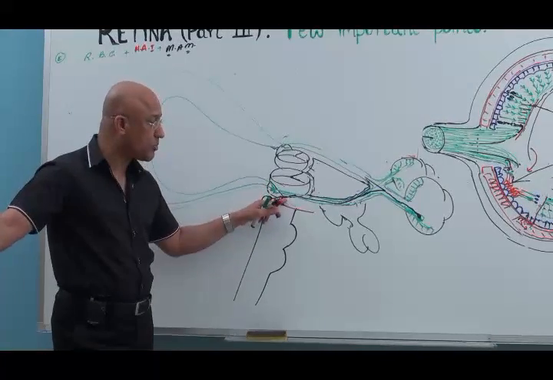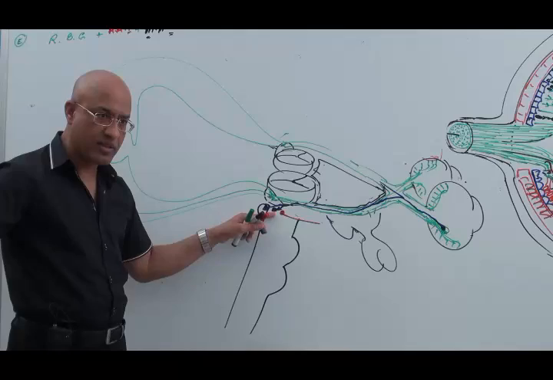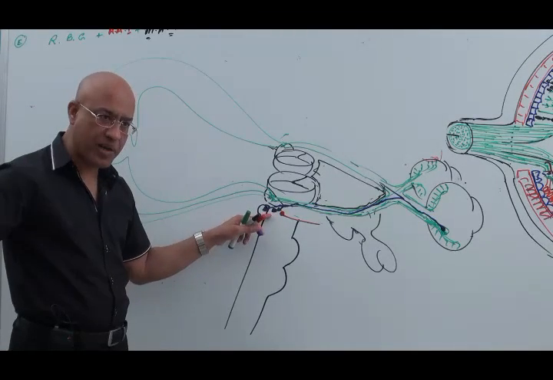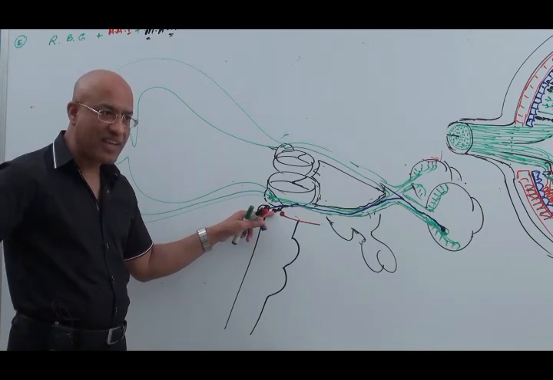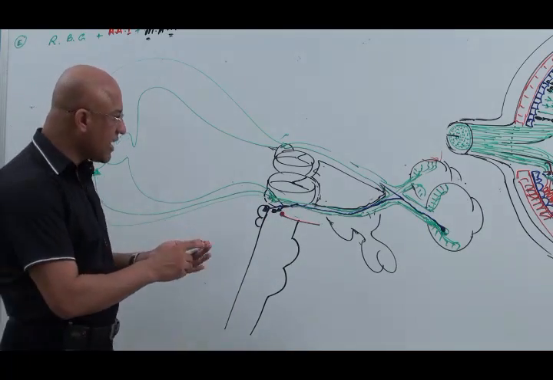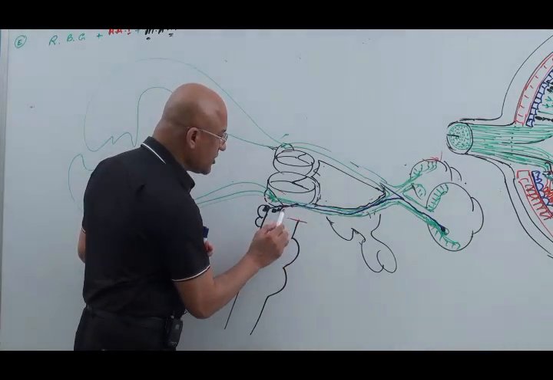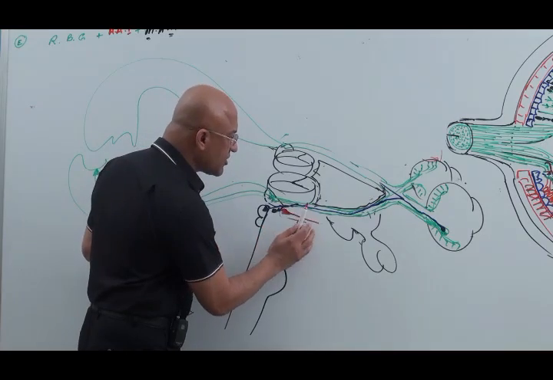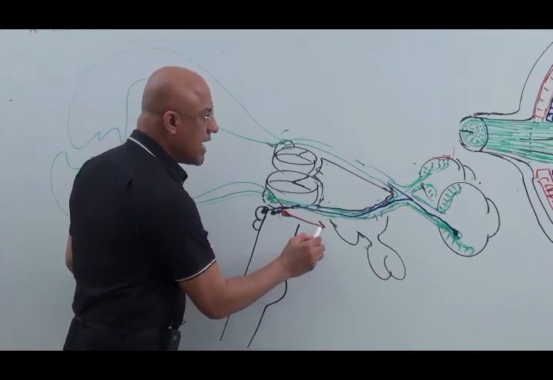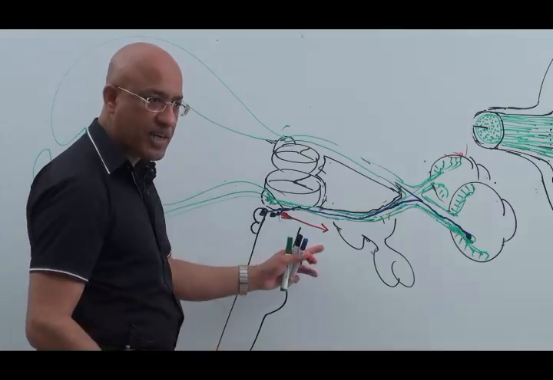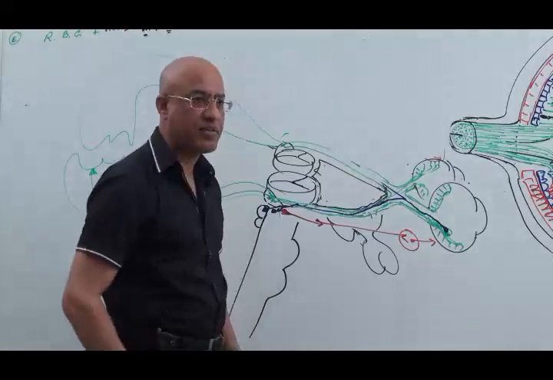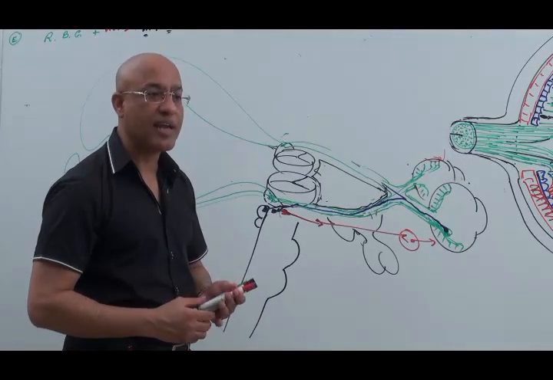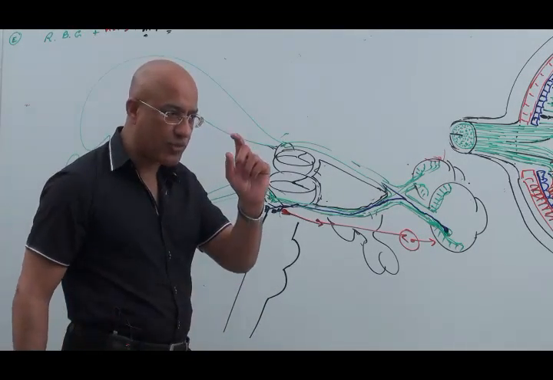Before the lateral geniculate body, through the superior brachium, these fibers came to the midbrain and they ended up in the superior colliculus and pretectal nucleus, and they are connected with the Edinger-Westphal nucleus. Let's suppose this is the Edinger-Westphal nucleus, and through this parasympathetic fibers go, and they control the parasympathetic fibers going to the ciliary ganglion, and postganglionic fibers eventually control the ciliaris muscle and sphincter pupillae.